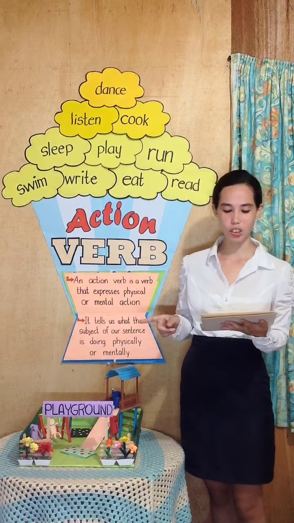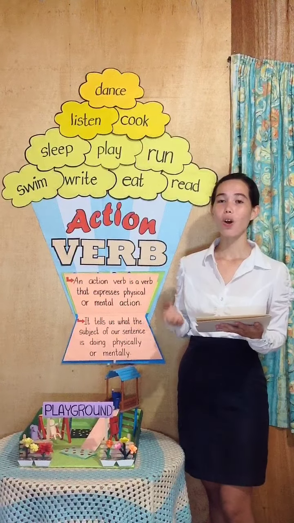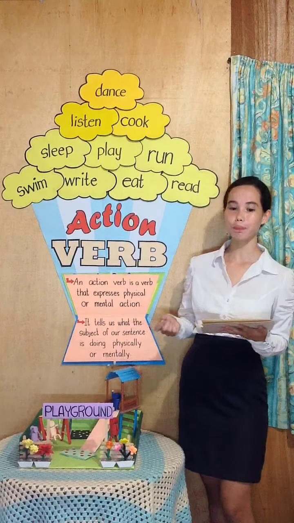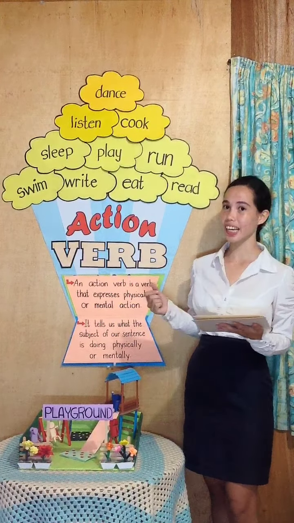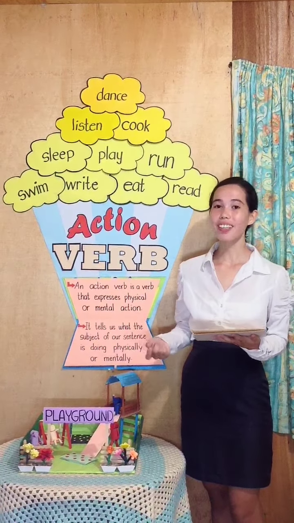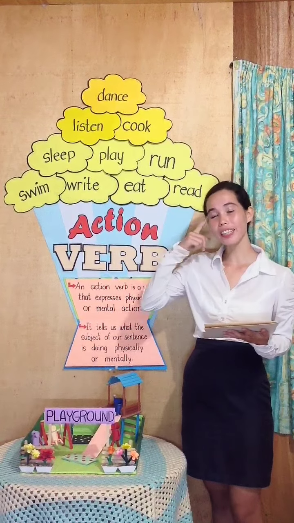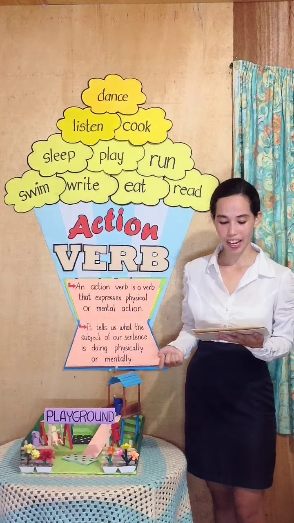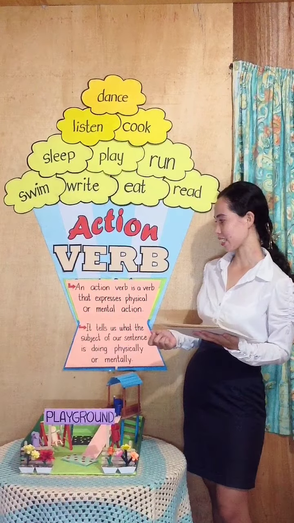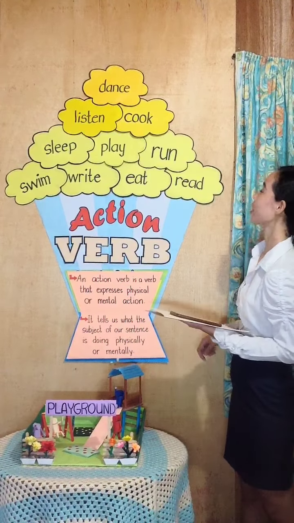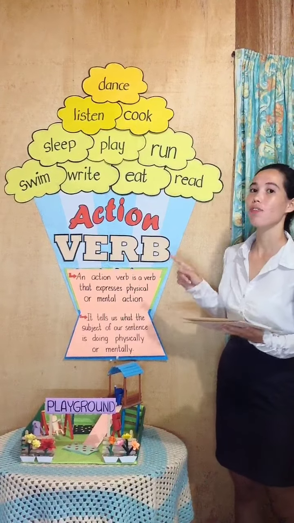Physical actions are performed with bodies or objects. For example, jump, hit, and sing. And mental actions are those that we use our brains to perform, such as think, consider, and memorize. Okay, so we have here 10 examples of action verbs.